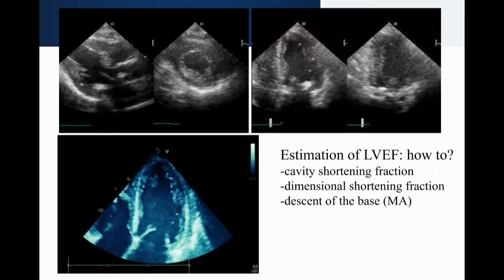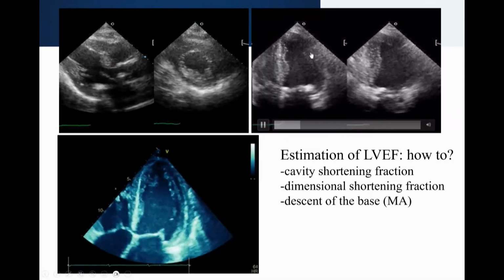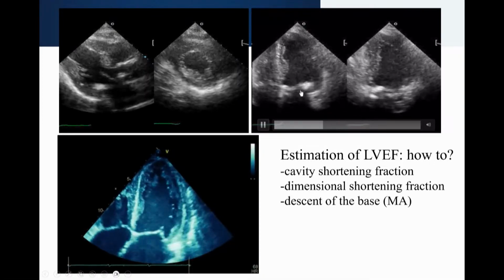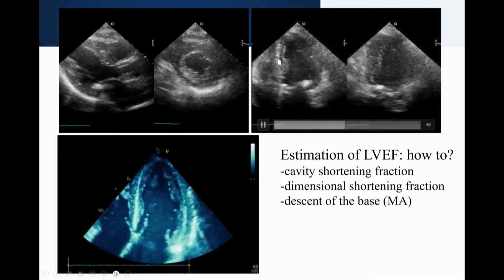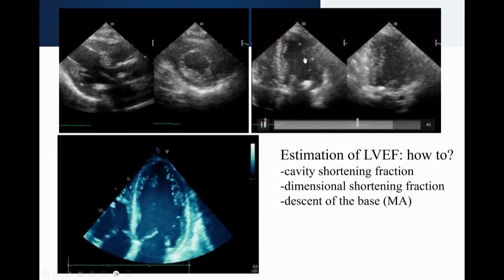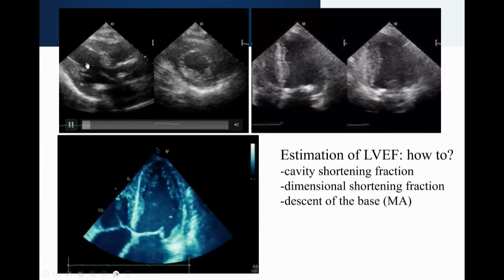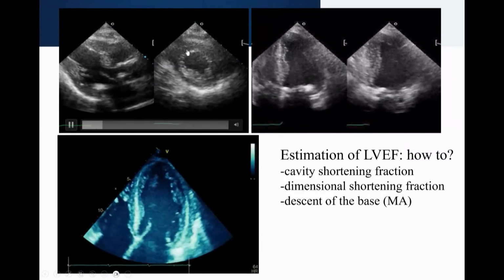How do we estimate? Well, we train the eye to give us a relative percent change in area from diastole to systole. You could imagine a bunch of diameters here, and you could do a percent change of what you think those diameters are doing from diastole to systole. Likewise with the short axis.